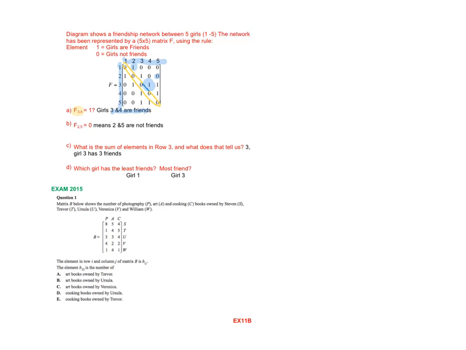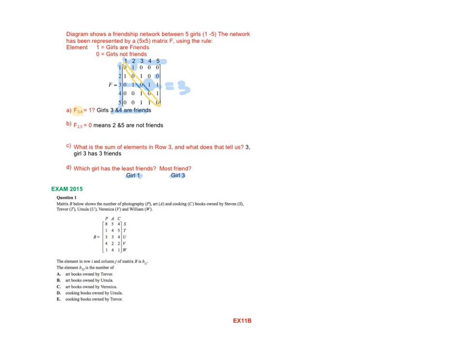So girls 2 and 5 are not friends. So what does the sum of the elements in row 3 tell us? If you add them all up, you get 1, 2, 3. It just means that girl has 3 friends, yeah? And then they ask you which one has the least, girl 1, and which one. So you're just having to interpret it and read it. They're just testing that you can do that.